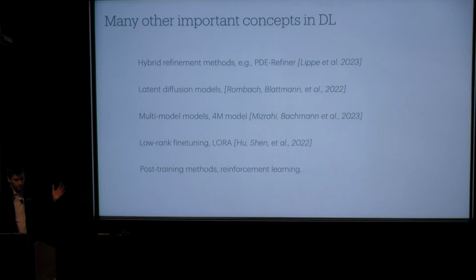All right, so there are many things I didn't talk about. It's already the end. Something very important is latent diffusion models. How can you compress your data further and do probabilistic modeling in the compressed space? That one is very important. It's not possible all the time. We could discuss it. Also very important, multimodal models.